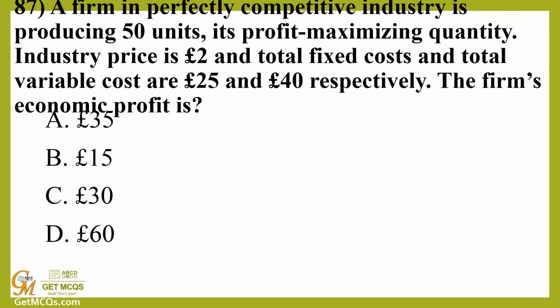A firm in a perfectly competitive industry is producing 50 units, its profit maximizing quantity. Industry price is £2 and total fixed costs and total variable costs are £25 and £40 respectively. The firm's economic profit is A. £35.